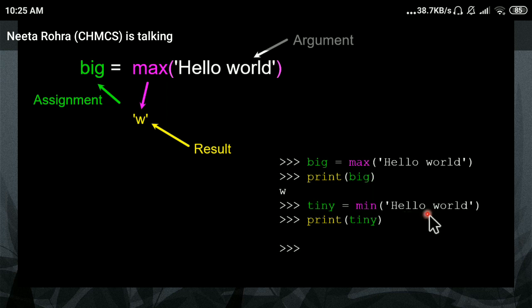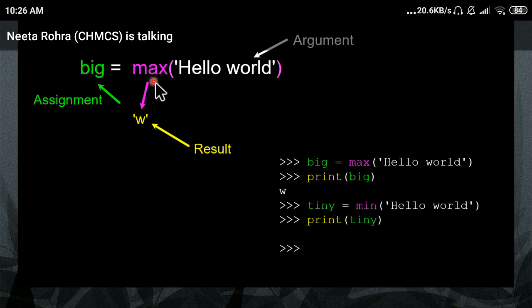So space has the ASCII value which is the least among these. The ASCII value of space is 32. So it prints the space character over here. This is clear.